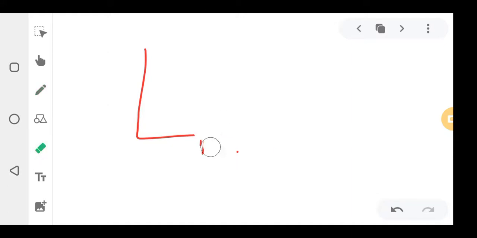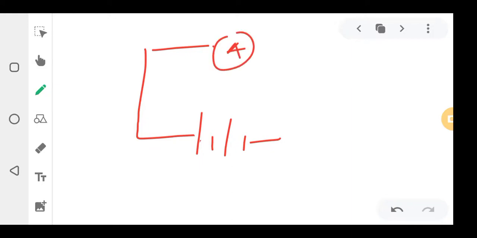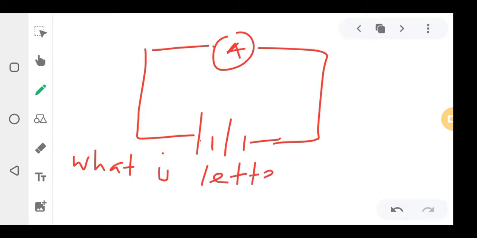They draw for you a circuit, and then they put a bulb like this, and an ammeter there. Then they ask you, what is letter X?